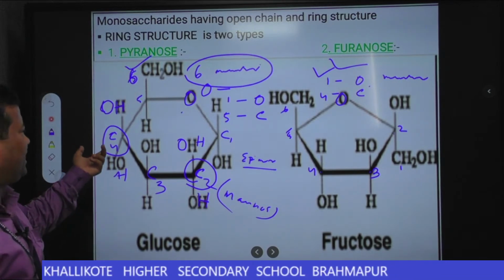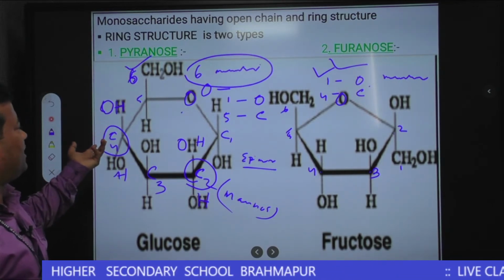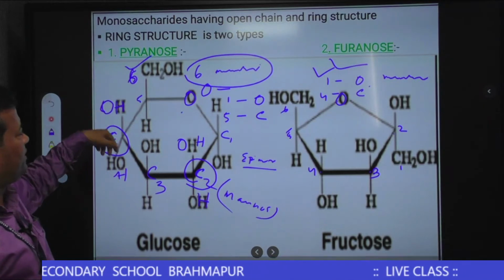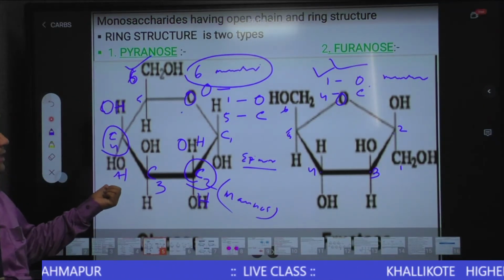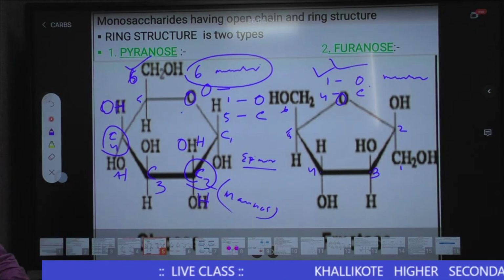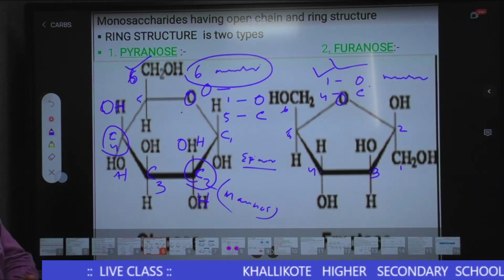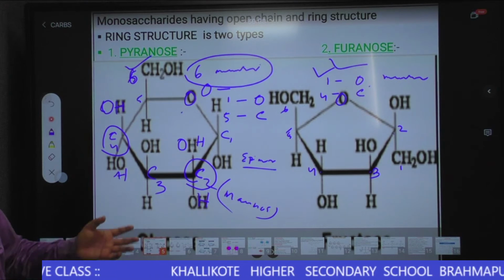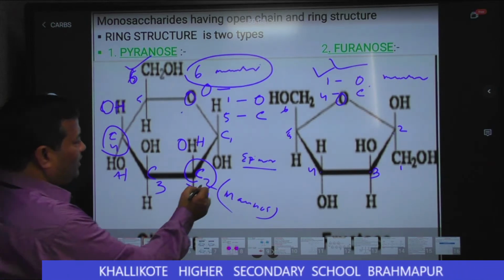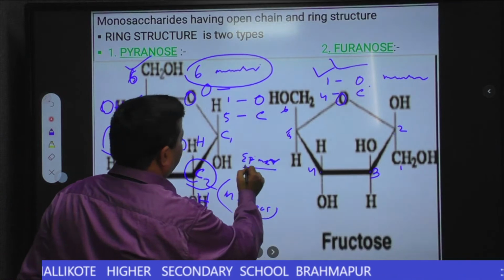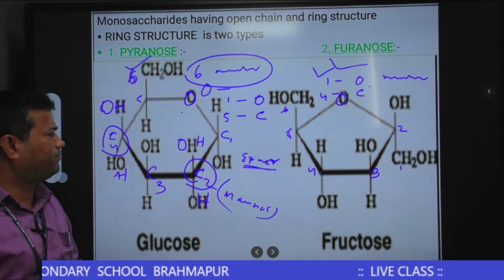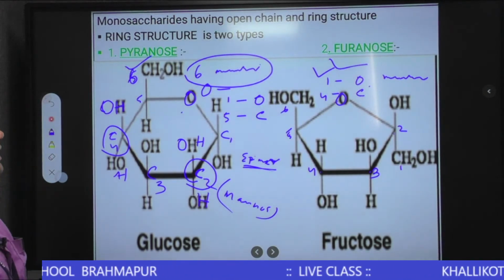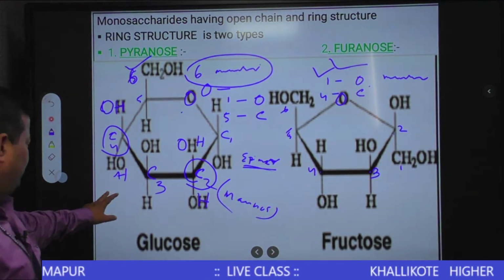Similarly, in galactose at the fourth carbon atom, the OH group is located in the above position and hydrogen at the below position. So glucose, galactose and mannose are isomeric with each other. They are called epimers of each other, meaning they are converted from one form to another in the presence of the epimerase enzyme. Okay.